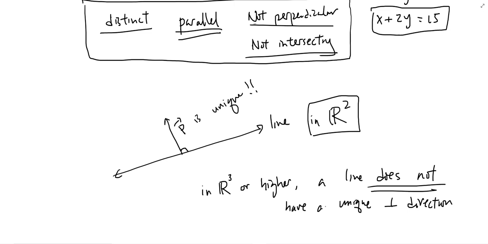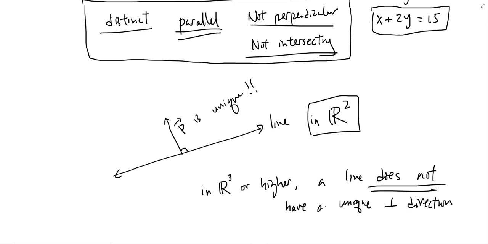As a matter of fact, the easiest way to see that is to take two pens or pencils and just form a T, which represents two perpendicular lines. But then you can rotate this entire picture all around, and you find out that a line actually has a complete 360 rotation of perpendicular directions.